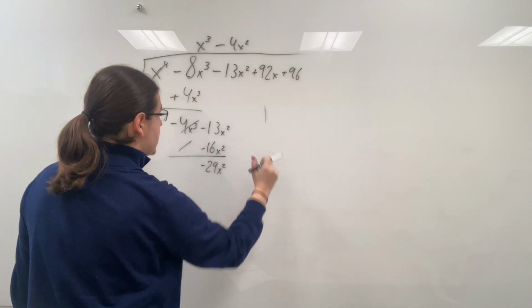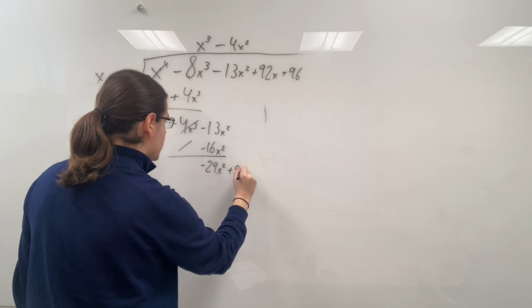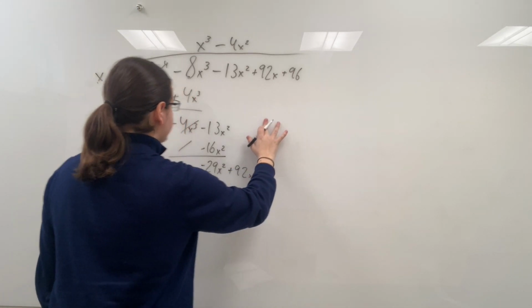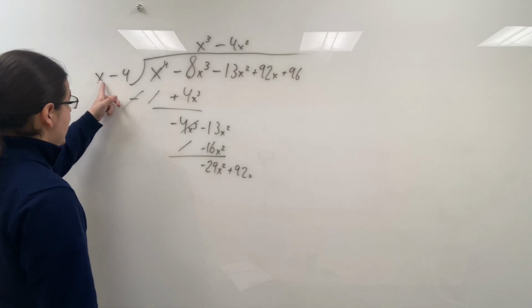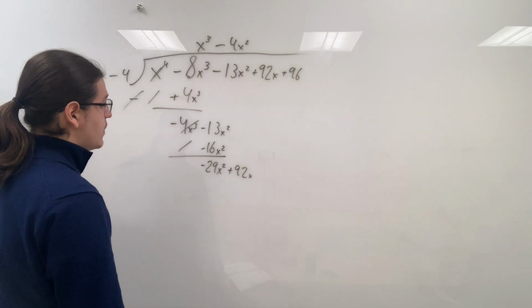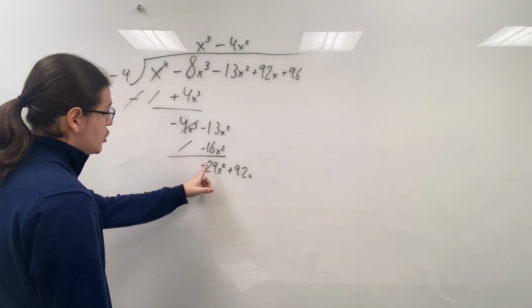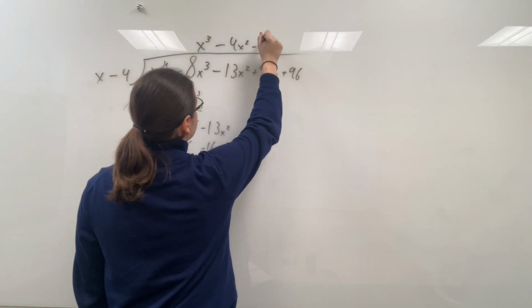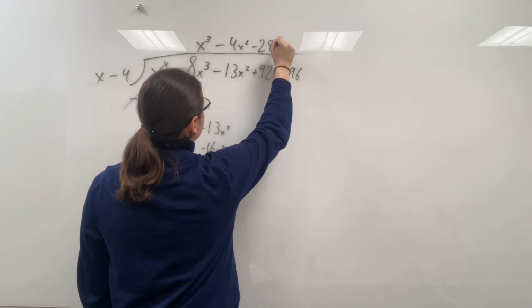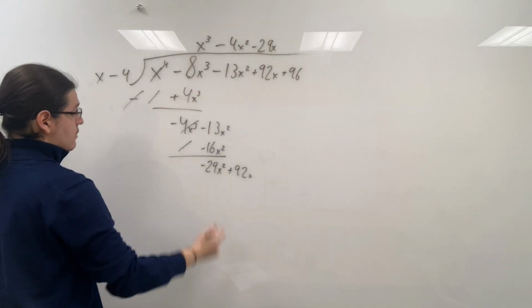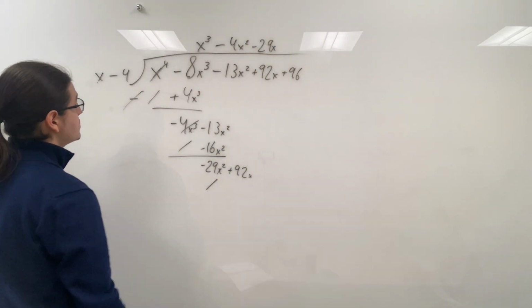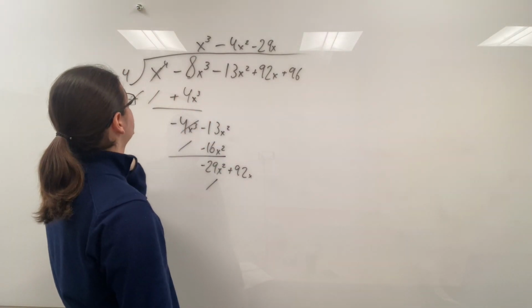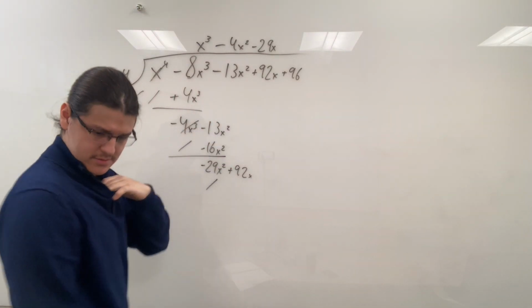Let's bring our next term down, plus 92x. How many times does x fit into minus 29x squared? Well, minus 29x times. Multiply it out, always cancels. 4 times 29, 116?